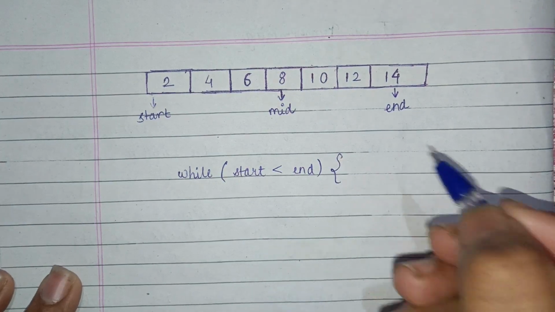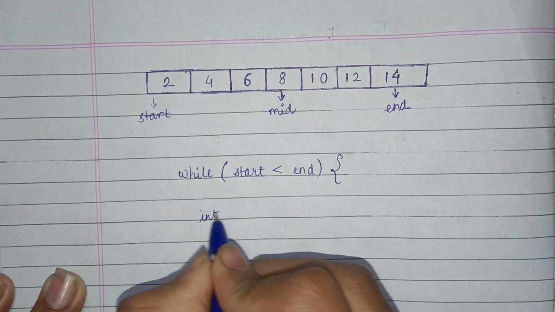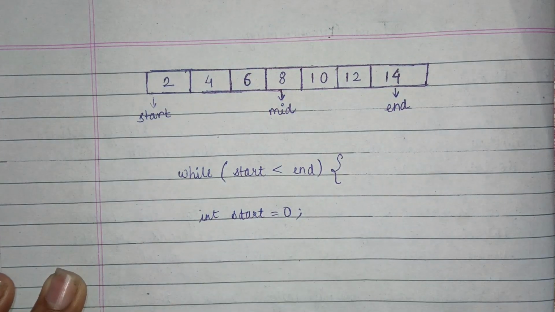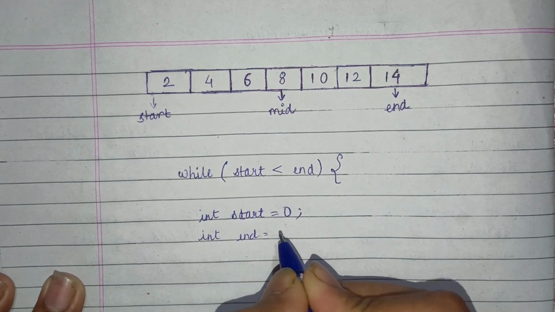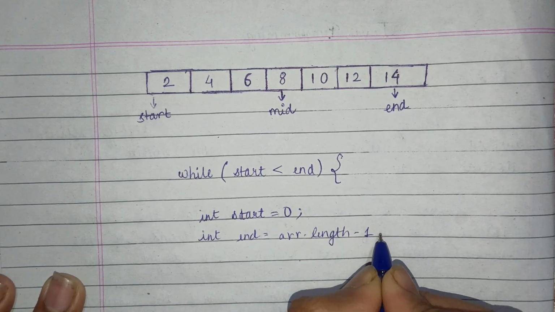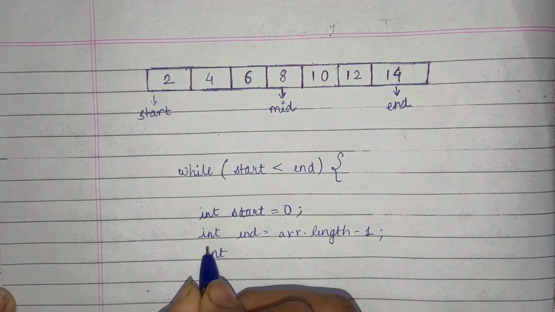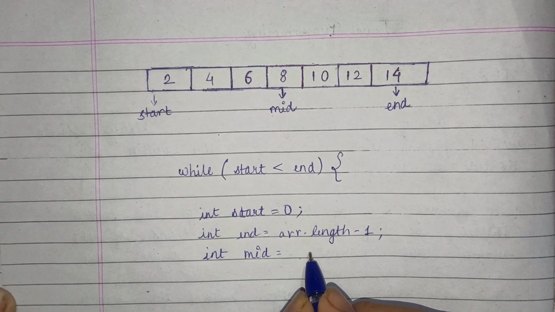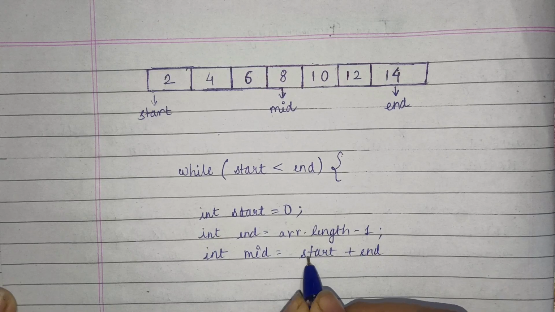Then we create start equal to 0, and then end equal to array length minus 1. And then mid is equal to start plus end divided by 2.